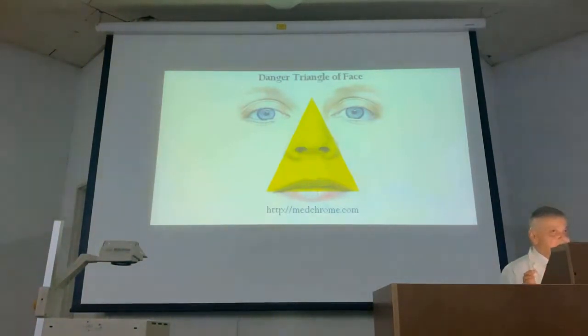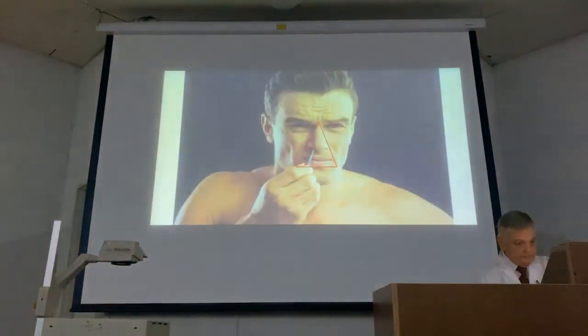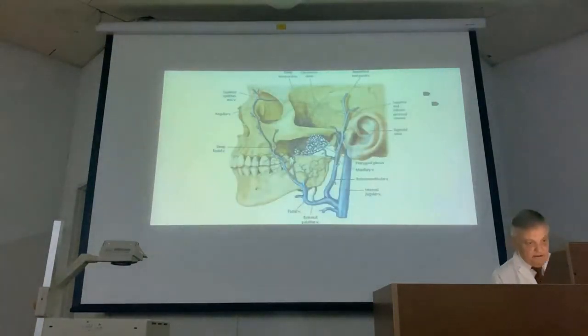And if the cavernous sinus receives an infection, there will be lots of problems. One of them is the venous congestion of the eyeball and the eyelids. So this is a very bad habit. Let's look at the story of veins of the face.